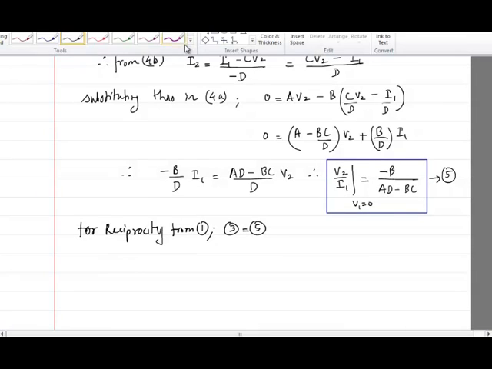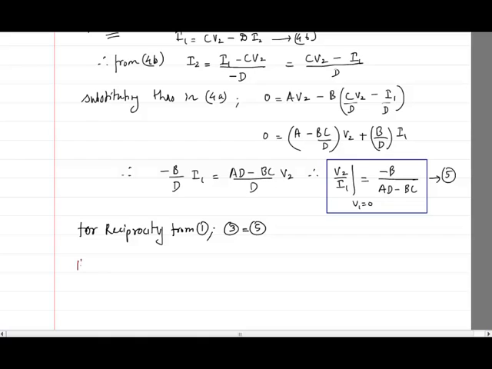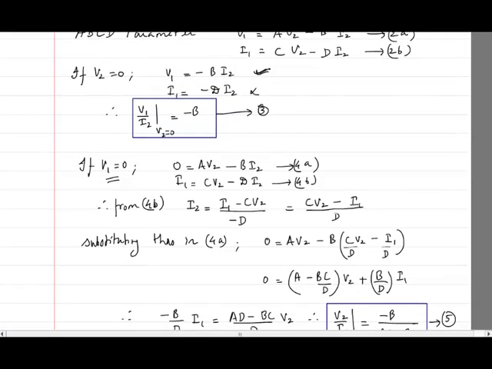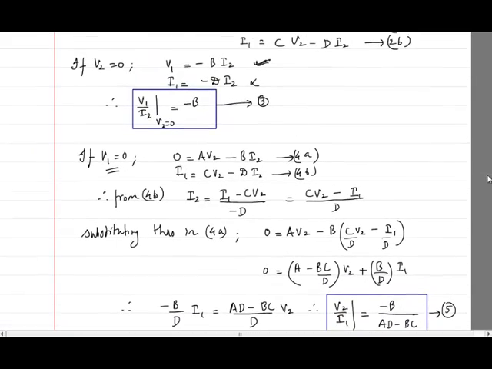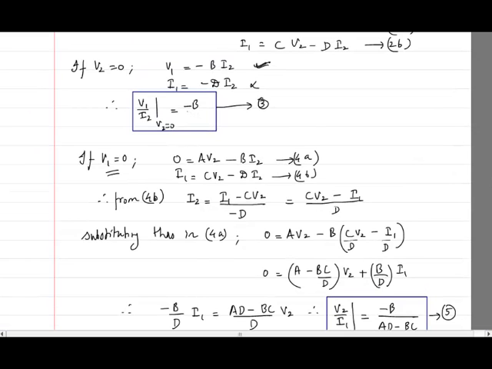Hence, let me write the final statement. For ABCD parameters, the condition for reciprocity is this. See, if you have to equate equation number 3 and equation number 5, you can see here there is nothing in the denominator, or you can say that there is a 1 in the denominator.